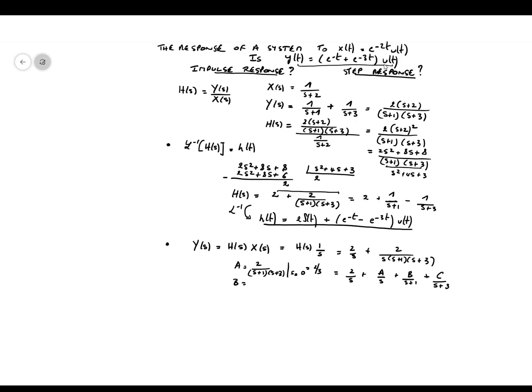B is equal to 2 over s, s plus 3, evaluated in s is equal to minus 1. And this will be minus 1. Let's check again. Yeah, that's correct. And c will be 2 over s times s plus 1, evaluated in s is equal to minus 3.